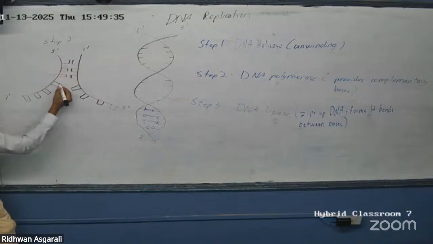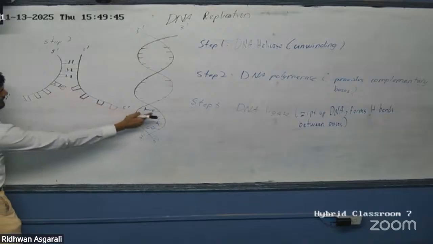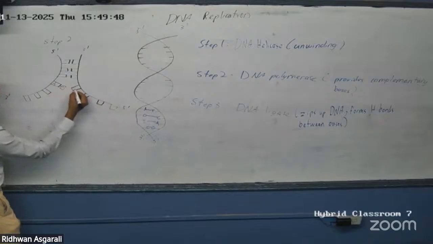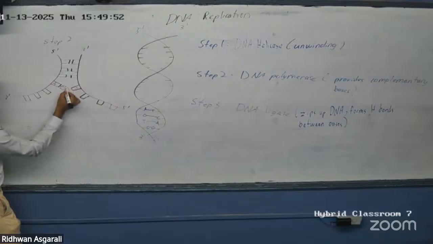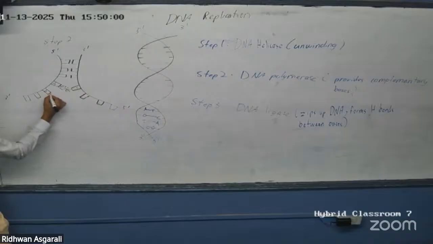If this was A from here, it is going to attach a complementary base, which would be T. Originally, this strand had T, so it's going to bring in a base complementary to that, which would be A. Same thing with our C. This strand had G, so a complementary base of C is going to come in. This was T. This was C.